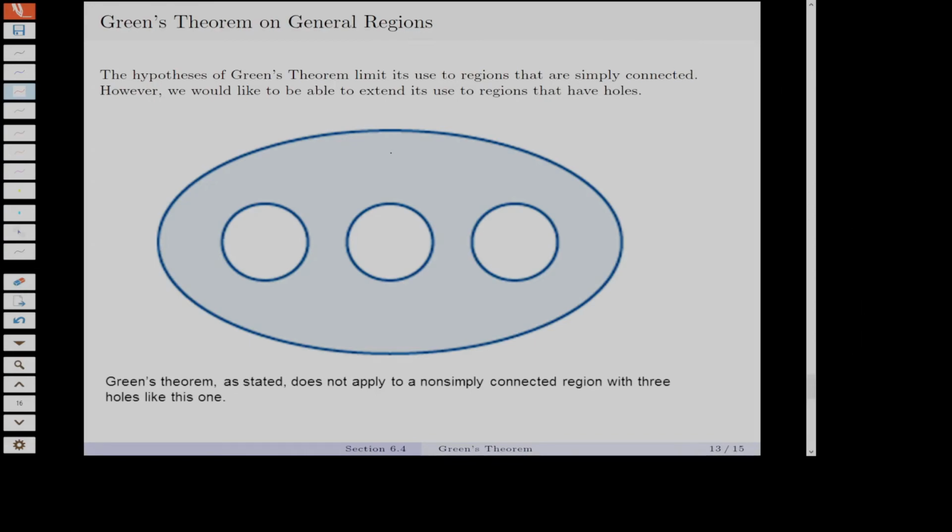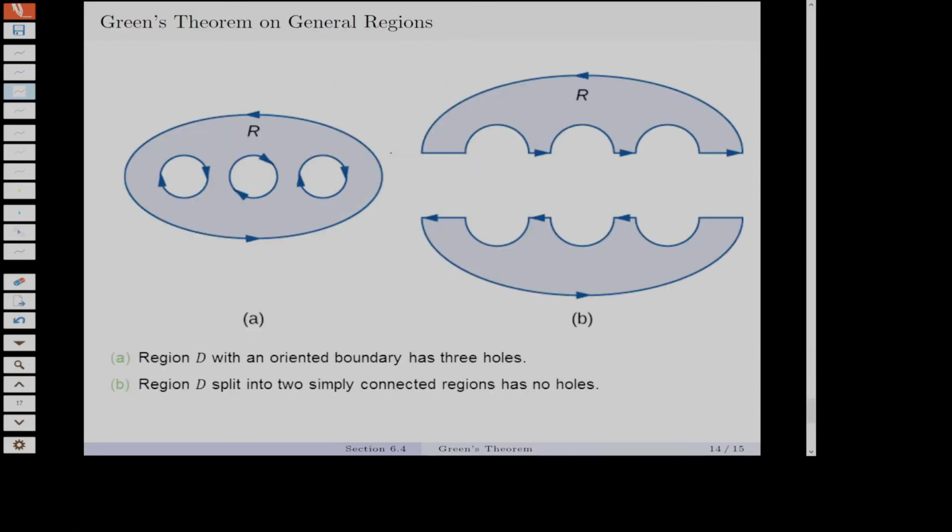What we want to do is look at how could I use Green's theorem anyway? What could I do to be able to apply Green's theorem to something that has a hole in it? And the concept behind it is we want to divide this up into pieces. If I think about this as being a region with holes, and I just make some cuts in it, we could split it into 2 separate regions.